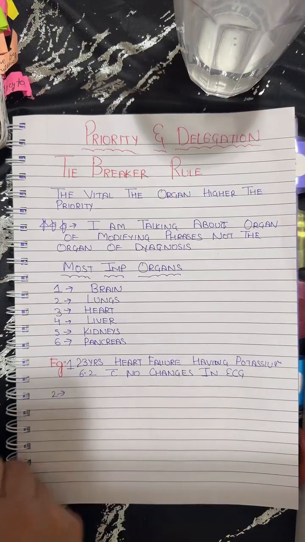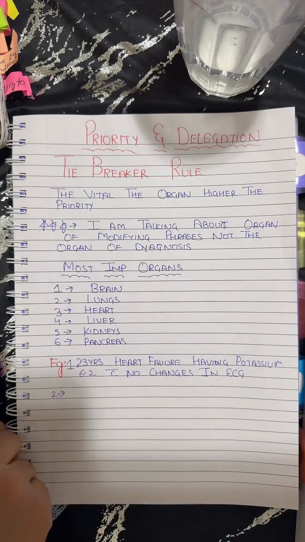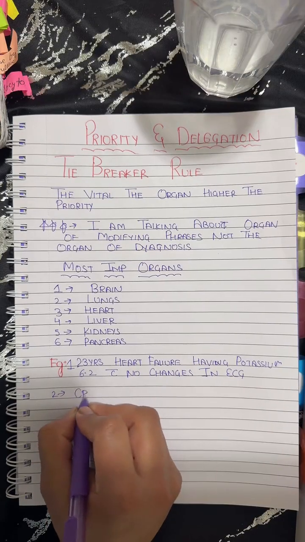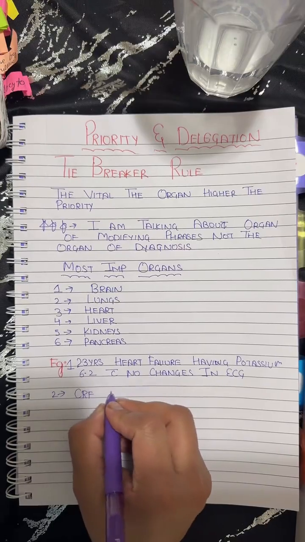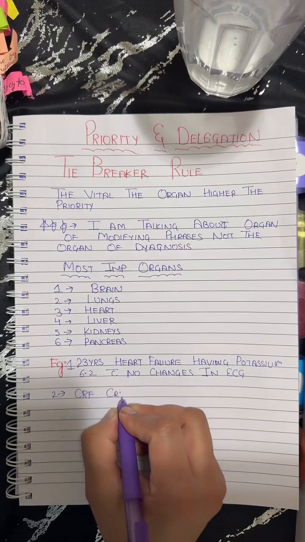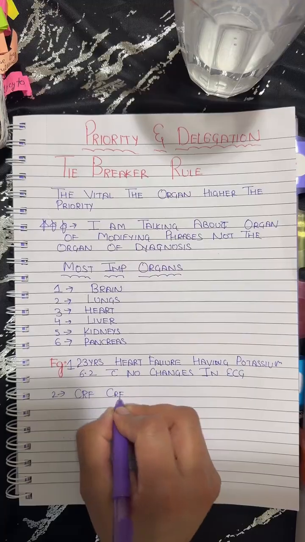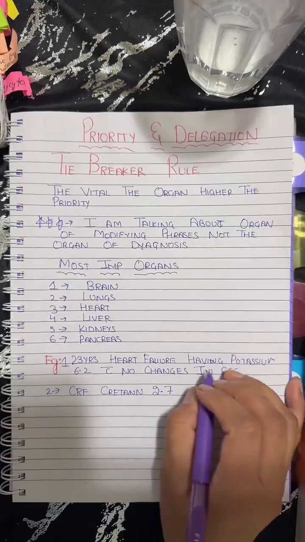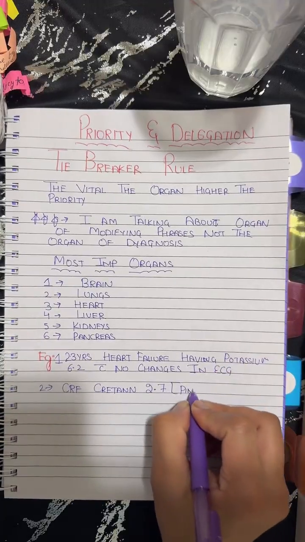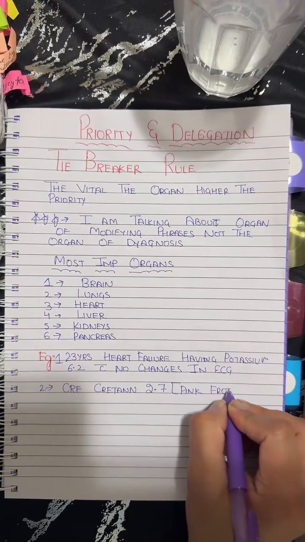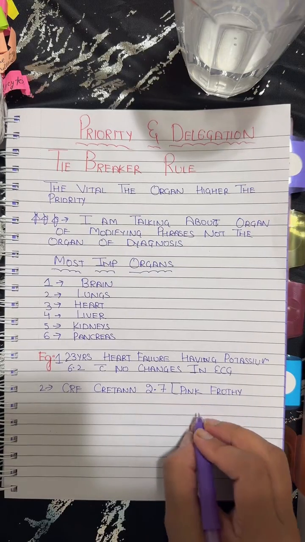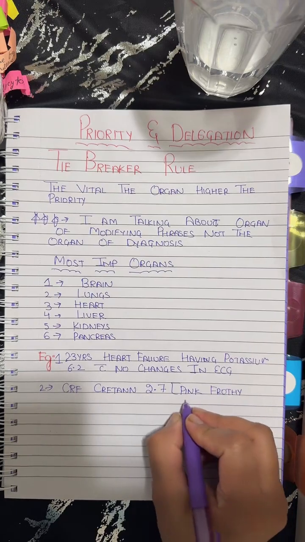Option 2: chronic renal failure, creatinine 2.7, pink frothy sputum, fluid overload.